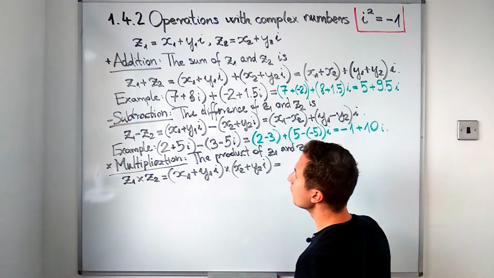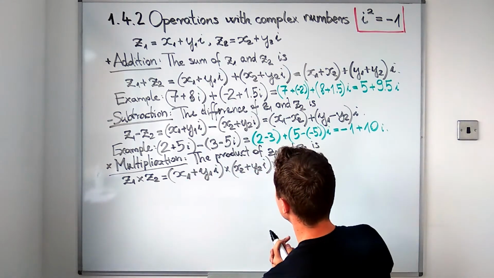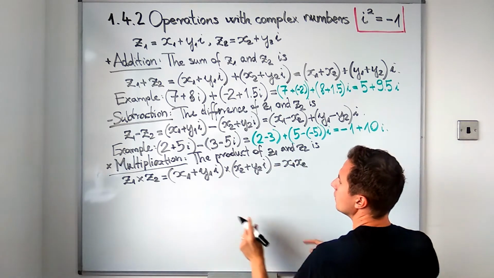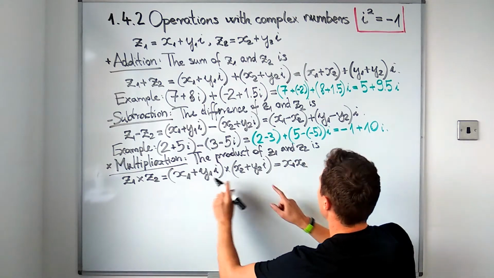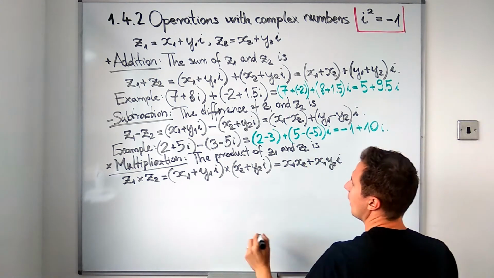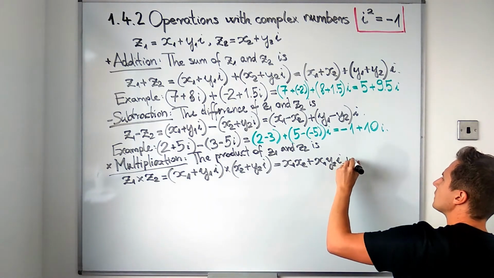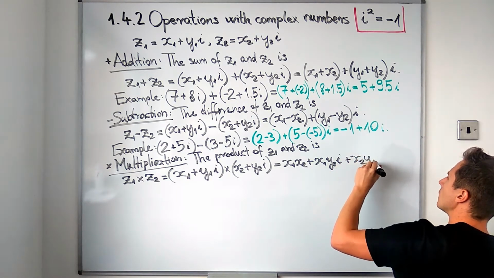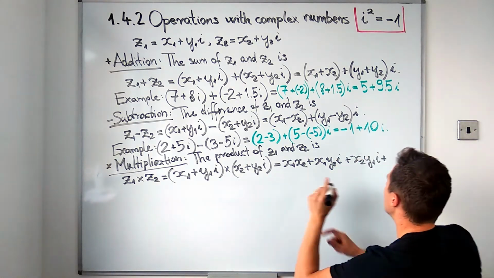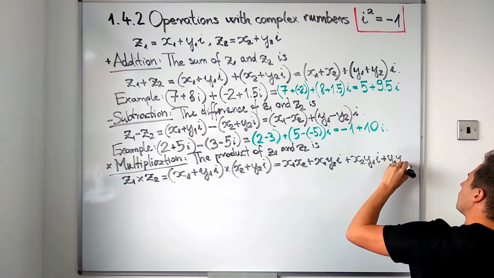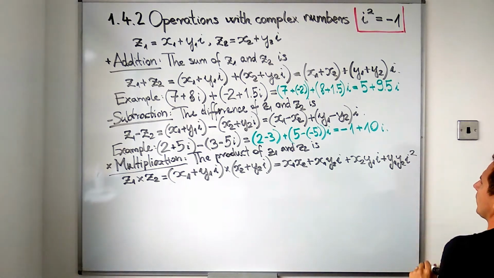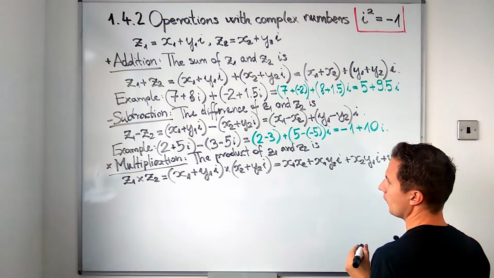And what we'll do is we'll simply expand this product to get x1 times x2 from this product, then x1 times y2 times i, then x2 times y1 times i, and finally y1 times y2 times i squared. We have two factors of i in that last term.